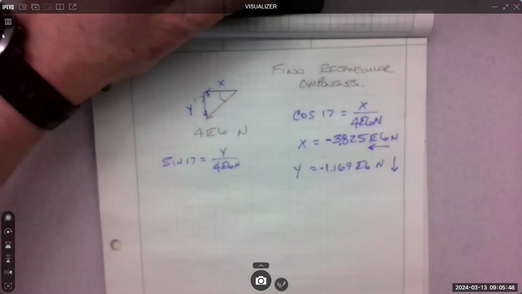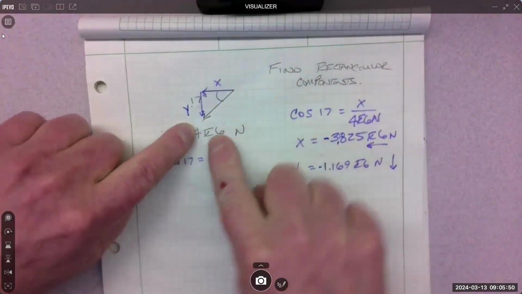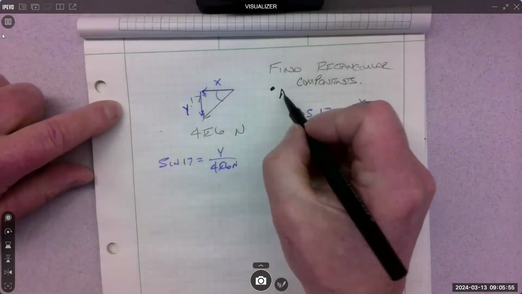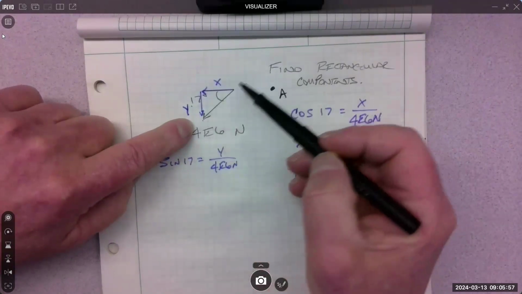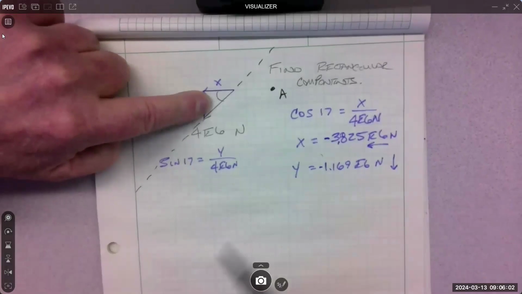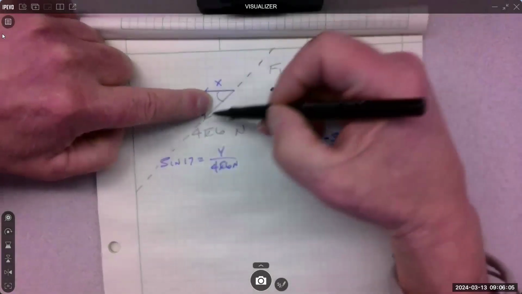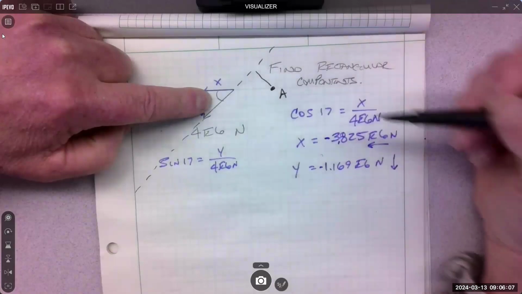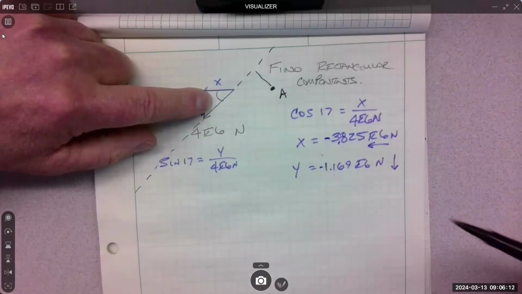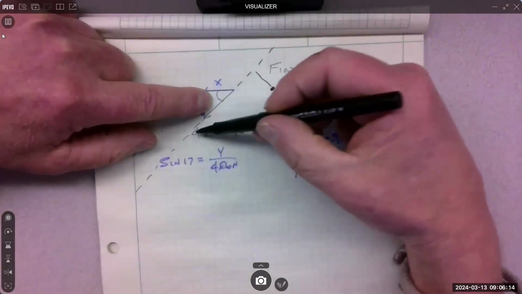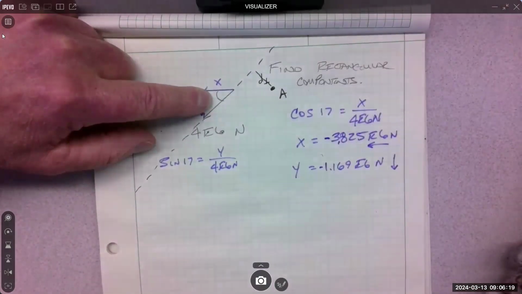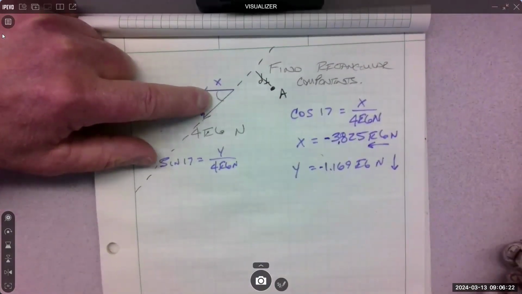It means that I can use this vector to calculate a moment about point A. I would take the vector times the perpendicular distance to get that moment. If I could find this distance, I could take 4E6 times that perpendicular distance to get the moment.